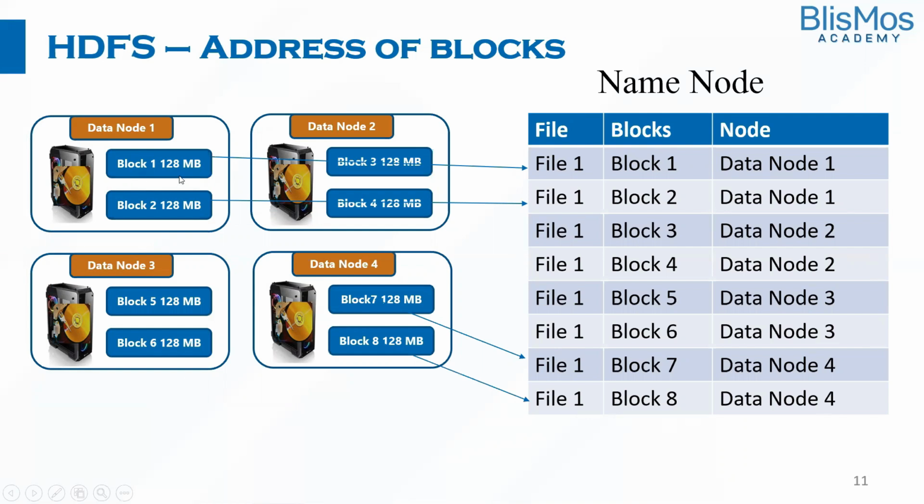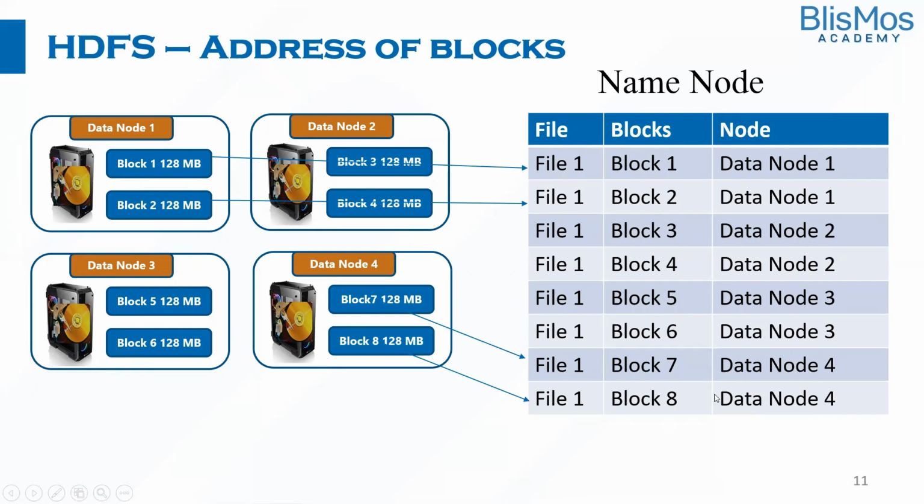For example, this block 1 is of file 1, because we are dealing with only one file here. File 1 belongs to block 1. This block 1 is stored as a part of data node 1. And block 2 is also there as a part of data node 1 only. Like this, the name node would hold the address of all the blocks in the data nodes.